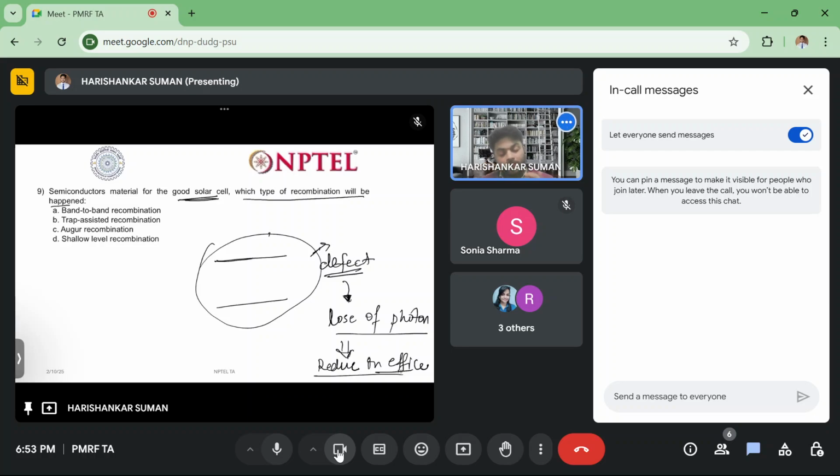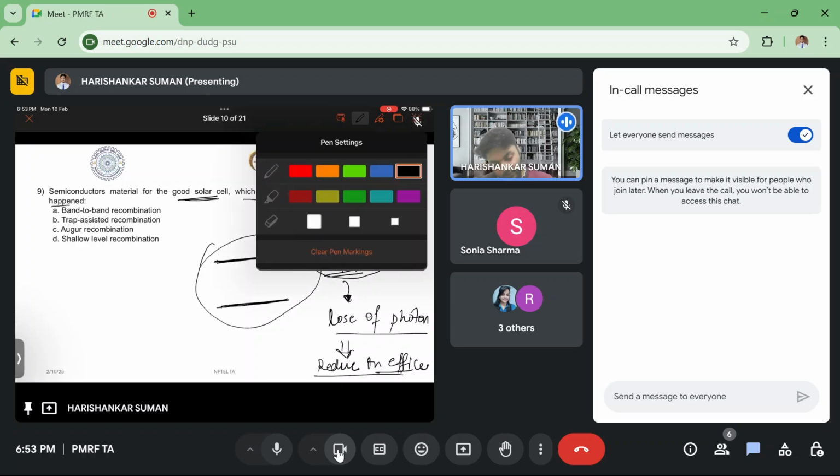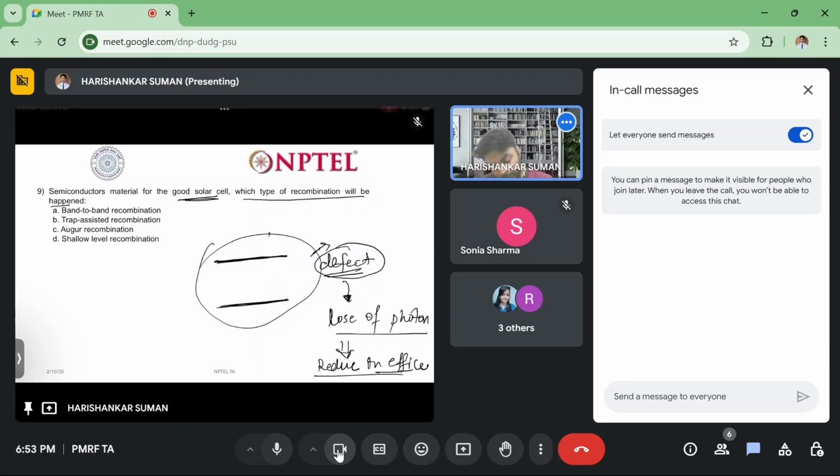Okay, so if I want to make a good solar cell, our material should be defect free. Defects can be a shallow trap or a trap RG center, but if the material is purely defect free, then let's say this is hole, this is electron.